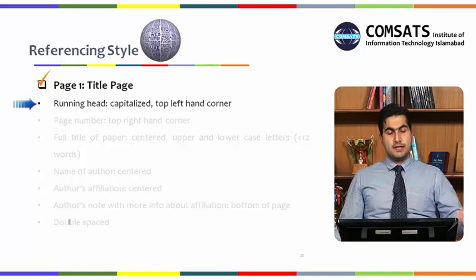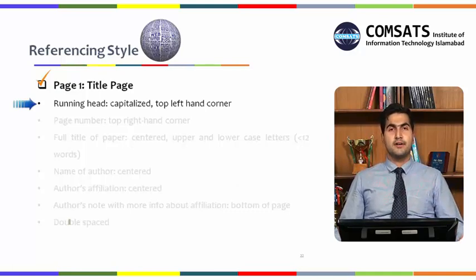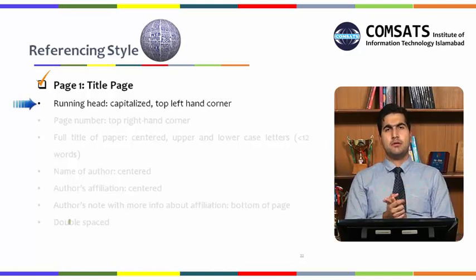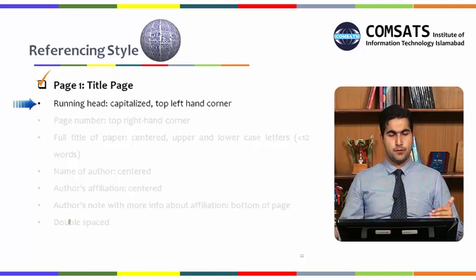This is basically a summary when it comes to selecting a running head and how to write it, especially in case of your title page. Now you're well aware of what a title page is, especially in case of a report, the first page. So if you have to place a running head, how do you do it?